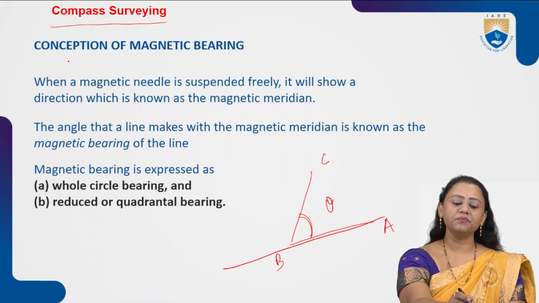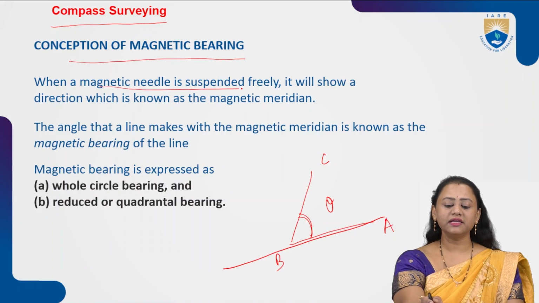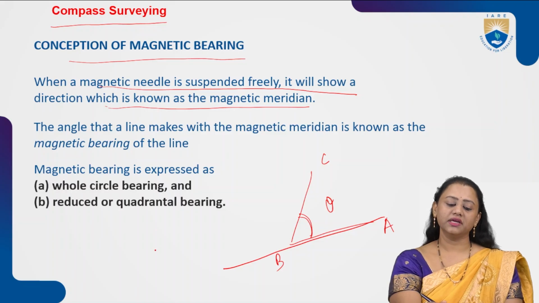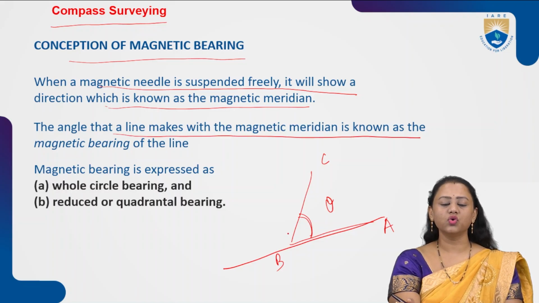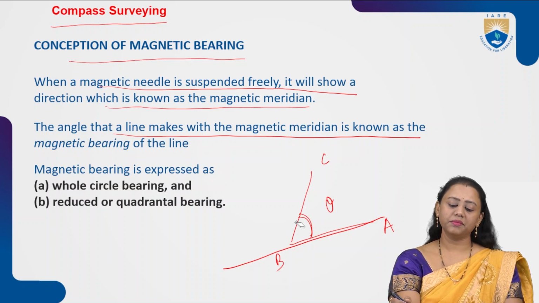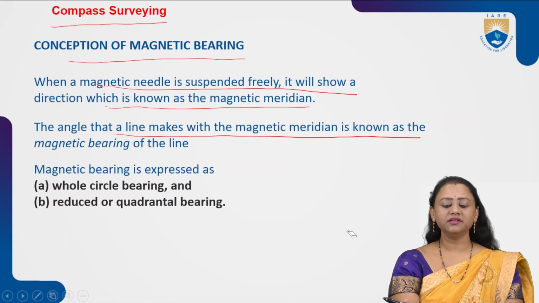So, the concept of magnetic bearing was introduced. When a magnetic needle is suspended freely, it will show a direction which is known as the magnetic meridian. The angle that a line makes with the magnetic meridian is known as the magnetic bearing of a line. So, the magnetic bearing is the angle that the magnetic needle will show with the line.